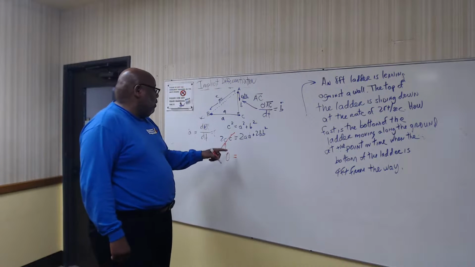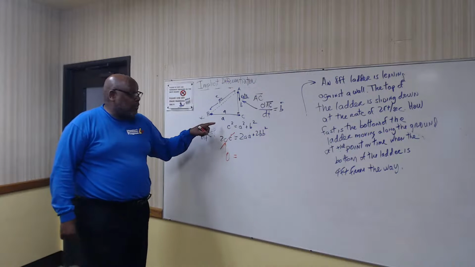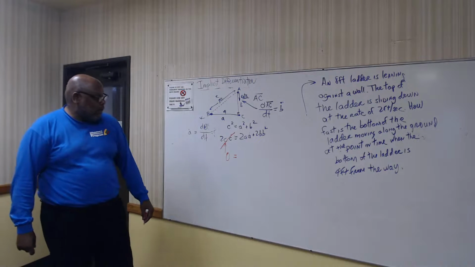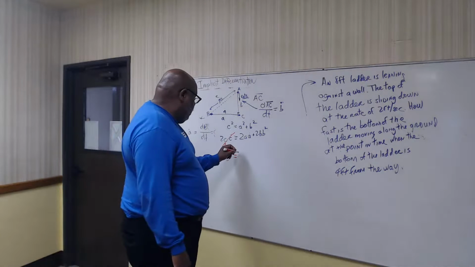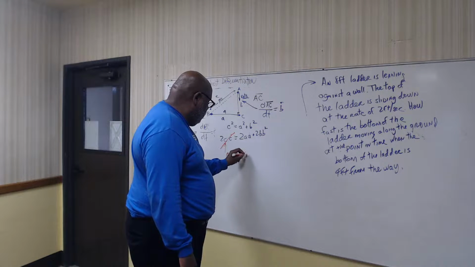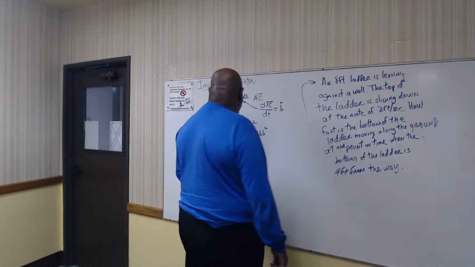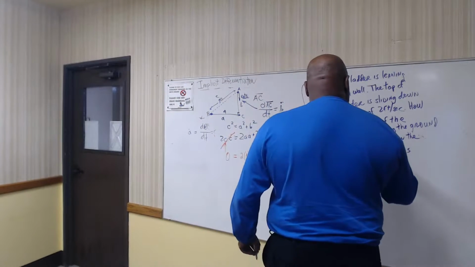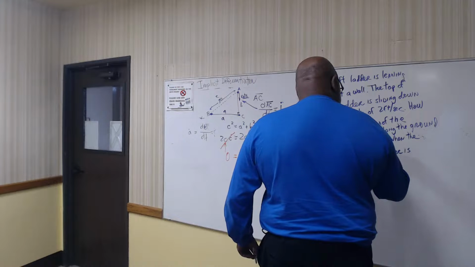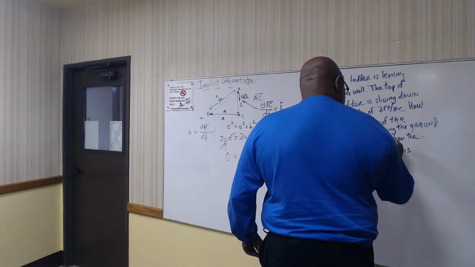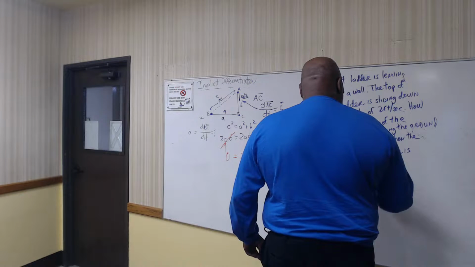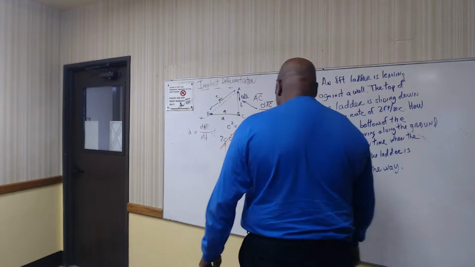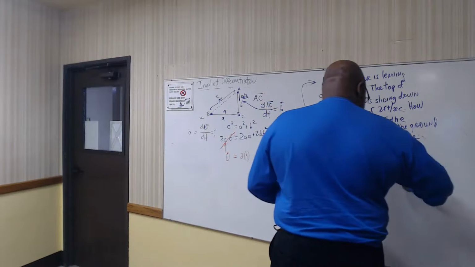How about A? Do we know A? I think we do. I think it said it was 4 feet at the time we're investigating. So this is 4. Do we know A dot? Well, that's what we're trying to find, I think. They want to know, what did it say? How fast is the bottom of the ladder moving on the ground when it's 4 feet from the wall?